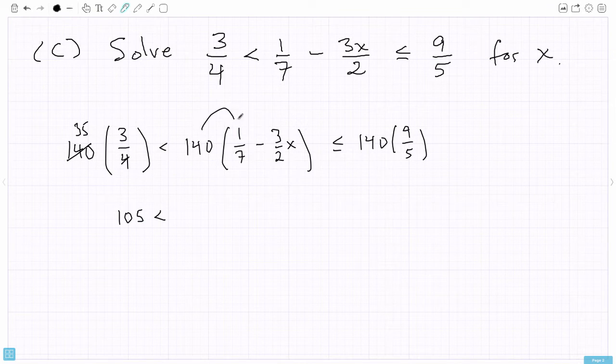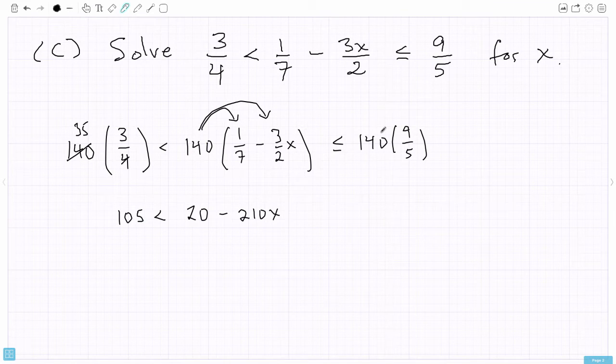When I distribute the 140 to both terms, I have 140 divided by 7, which is 20. And then the 2 goes into 140, multiplied by 3, so I take 140 and divide that in half. Of course, that's 70 times 3 is 210, so minus 210x.